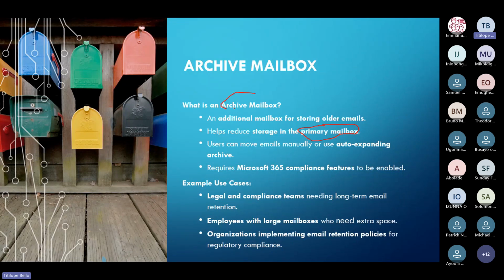And that way, your primary mailbox will reclaim the space, while the archive mailbox will be increasing in size. The primary mailbox will reduce in size. The archive mailbox will increase in size. That's the way archiving policy or archive mailbox works.